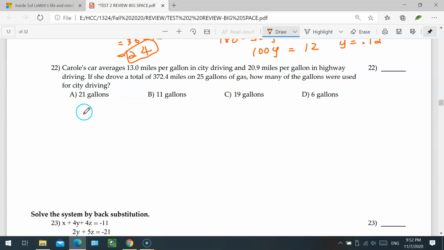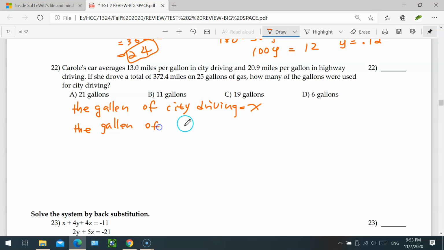So let the gallons of city driving be x, and the gallons of highway driving be y. So now we can set up the equation.